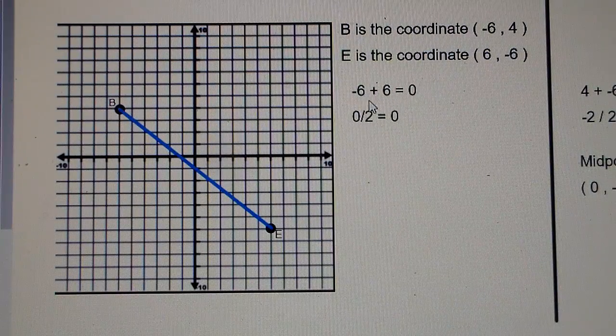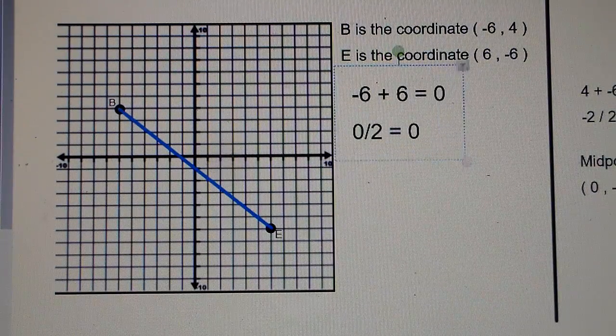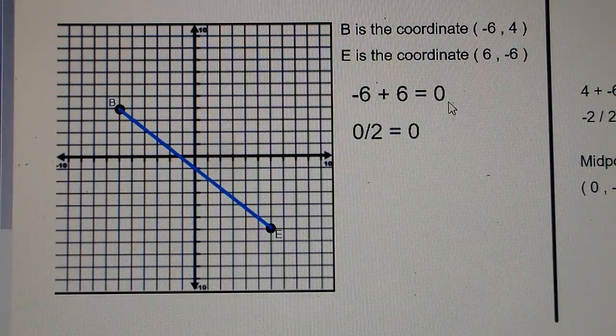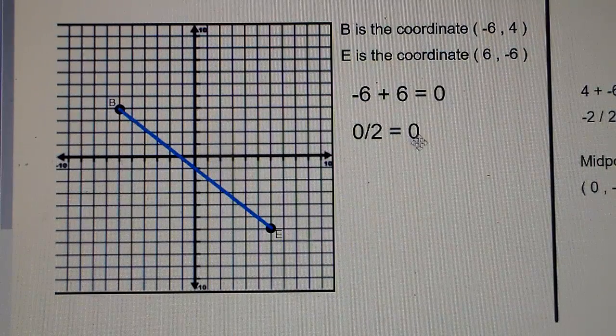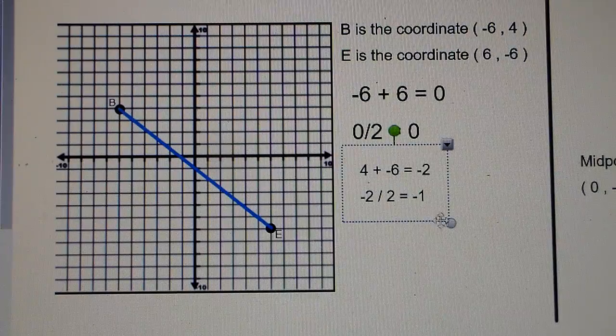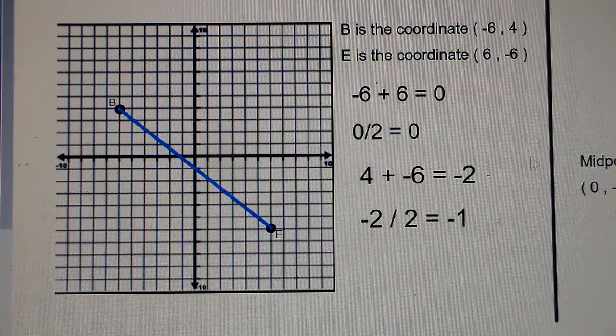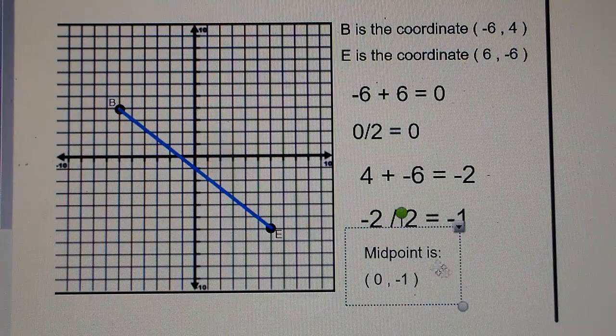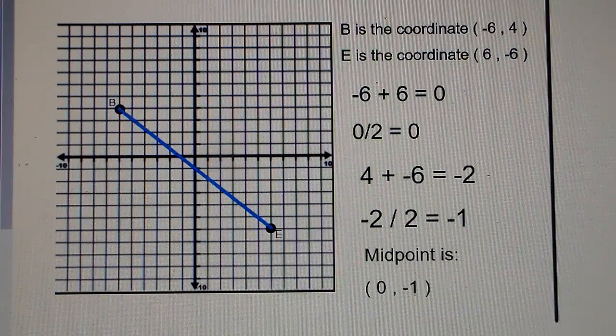So we first find the x value. Negative 6 plus 6 is 0. 0 divided by 2 is 0. So our x value is 0. Now we've got to do the average of the y's. So 4 plus negative 6 gets us negative 2. And negative 2 divided by 2 is negative 1. So the midpoint is 0, negative 1.